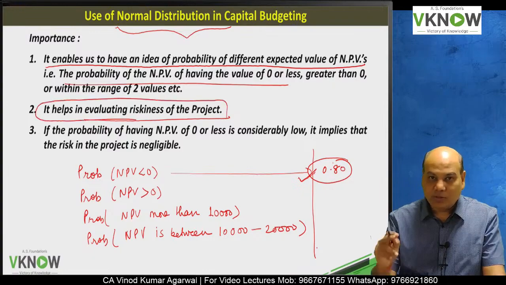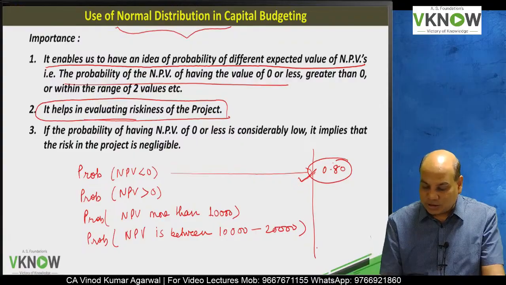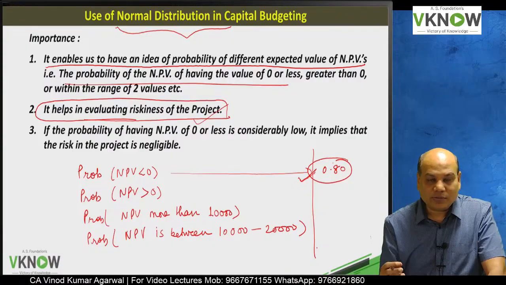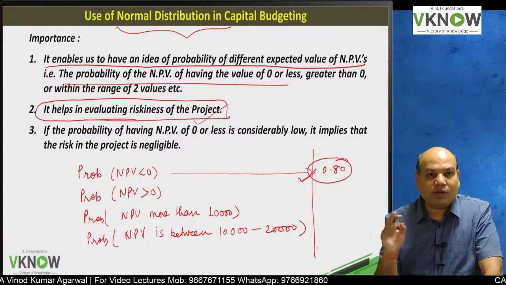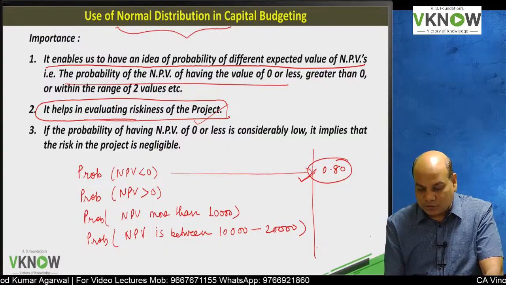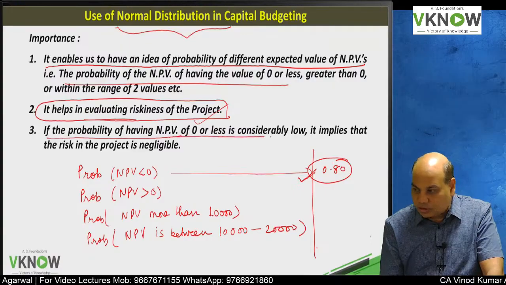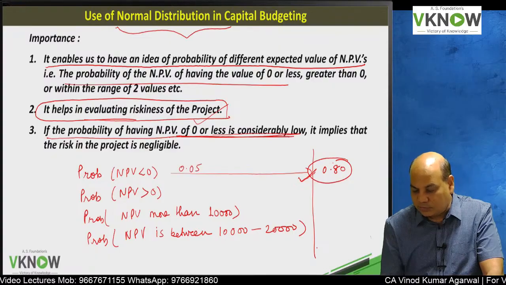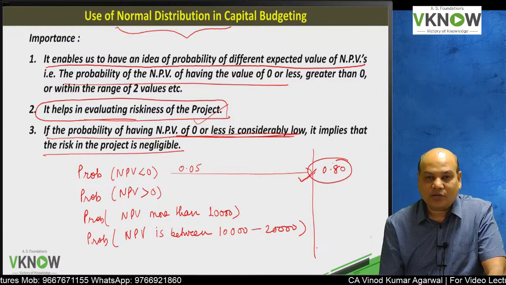Risk is that NPV will be negative, has an 80% probability, and therefore, according to your ability to take the risk, one may decide to start the project or not, or one may evaluate the project accordingly. If the probability of NPV of 0 or less is considerably low, let us say it is 0.05 only, it implies that risk in the project is very negligible.